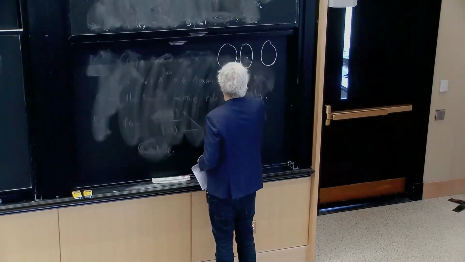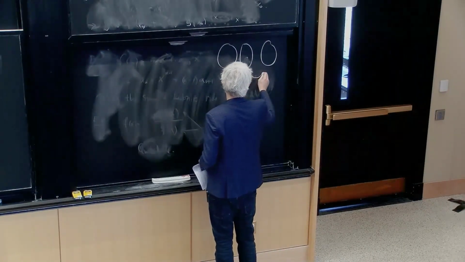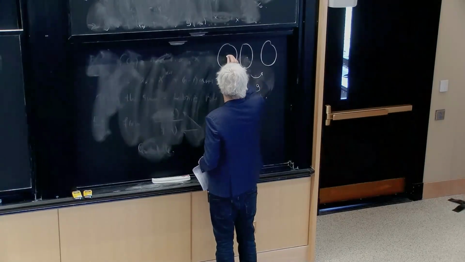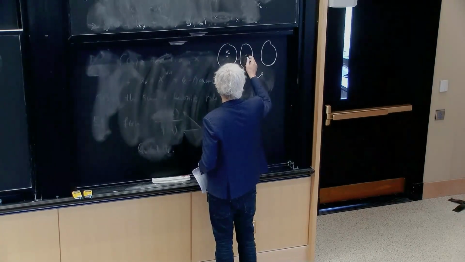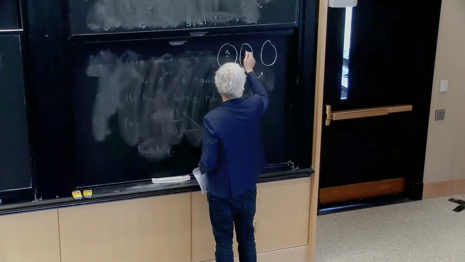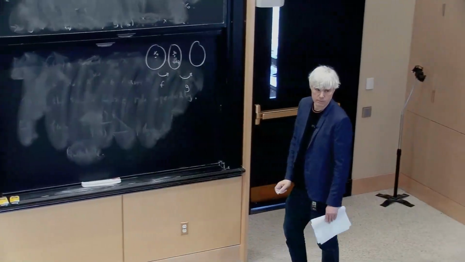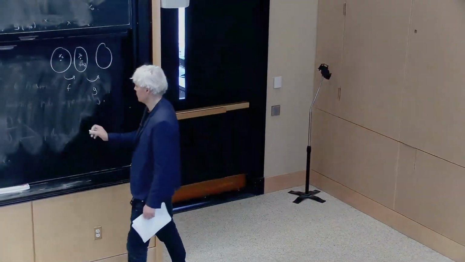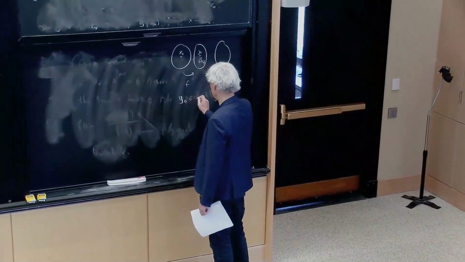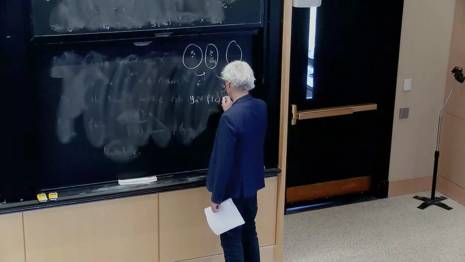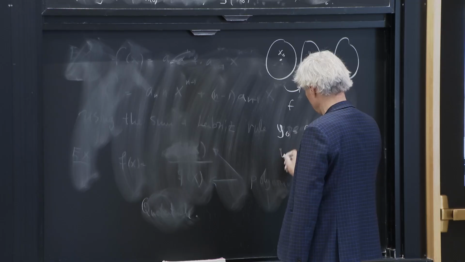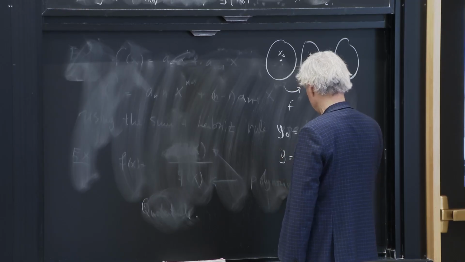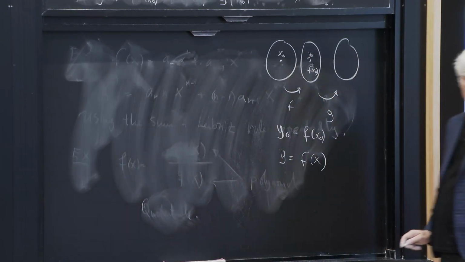So this here is f, and here I have g. Here I have x0, but under f it's taken to f of x0, which I also denote by y0. So just to make things clearer, y0 is just the value here. And then I will denote f of x by y.